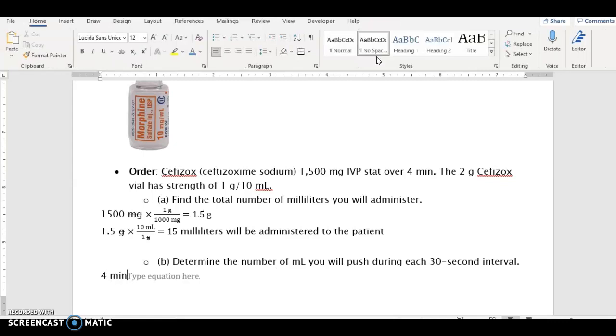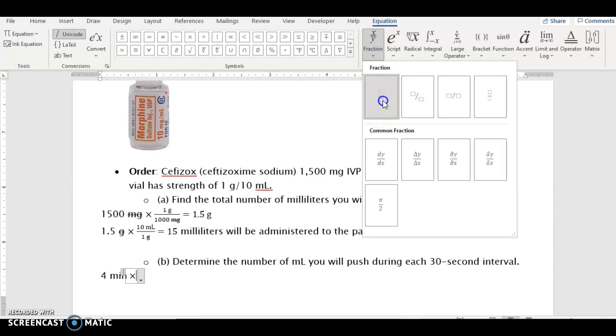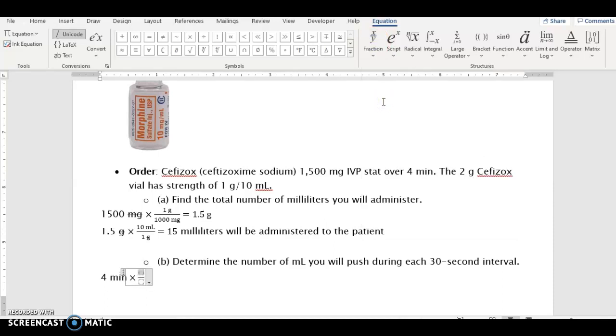So 4 minutes is how many seconds? You can probably figure this out in your head, but let's go through it using dimensional analysis. We know that there are 60 seconds in 1 minute.